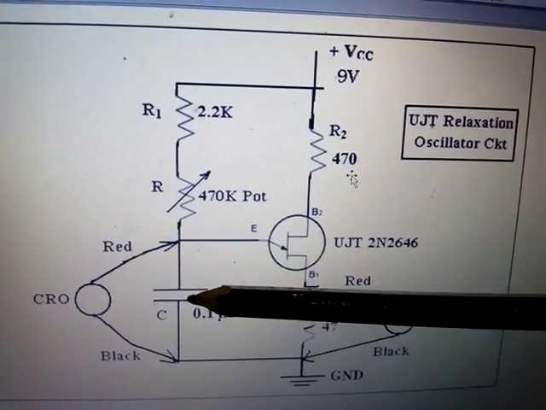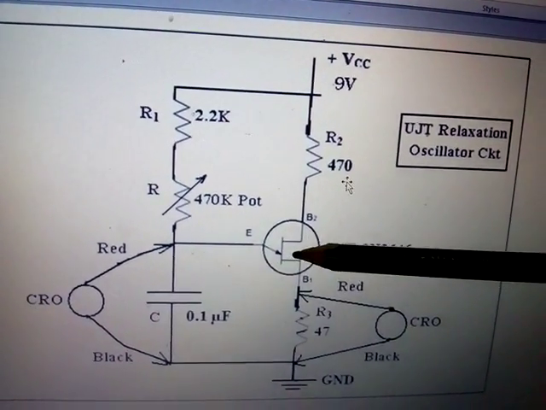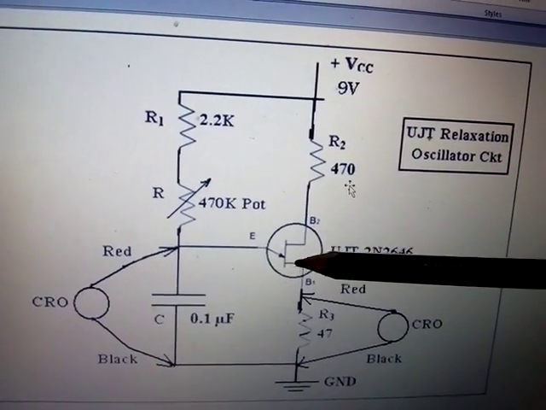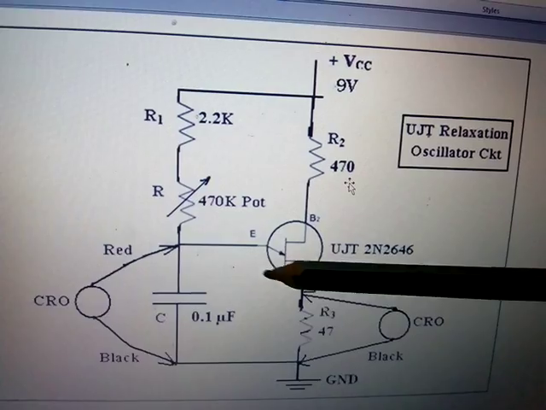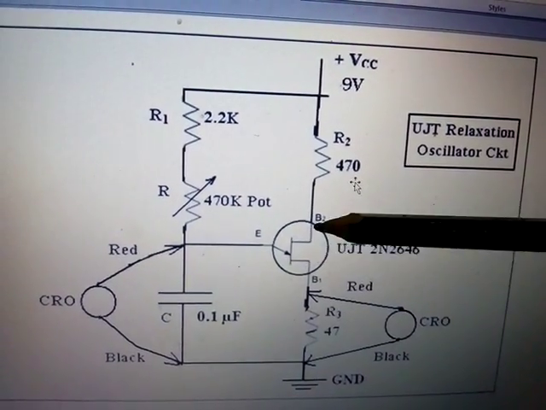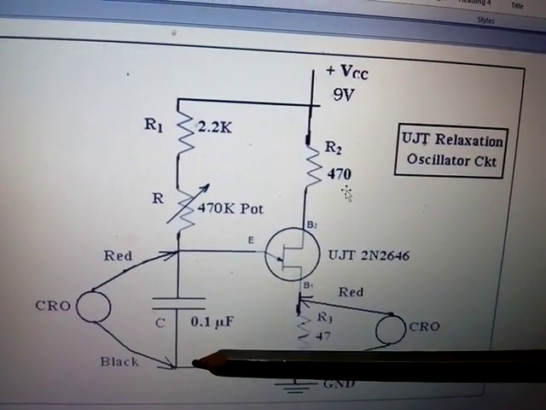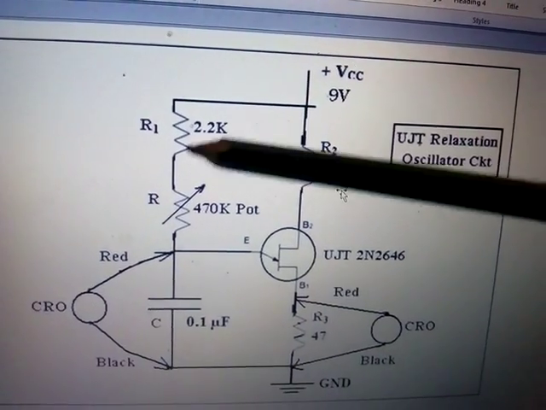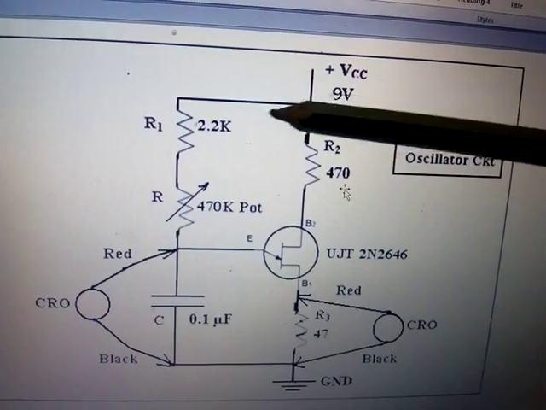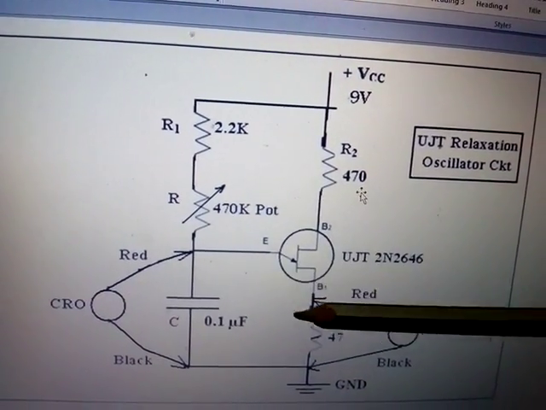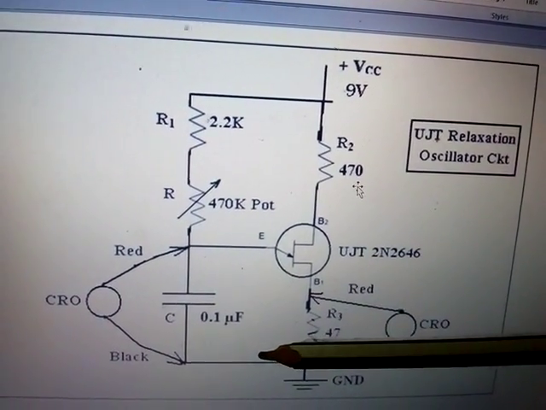When the capacitor voltage reaches the triggering voltage of the UJT, the capacitor will discharge through the UJT because the UJT will conduct. So charging up to peak point, discharging up to valley point.